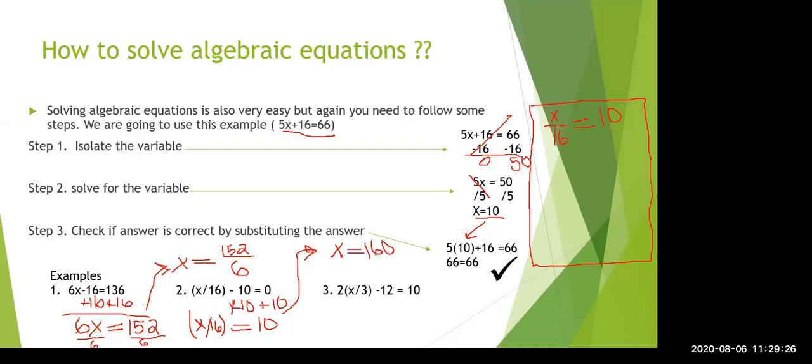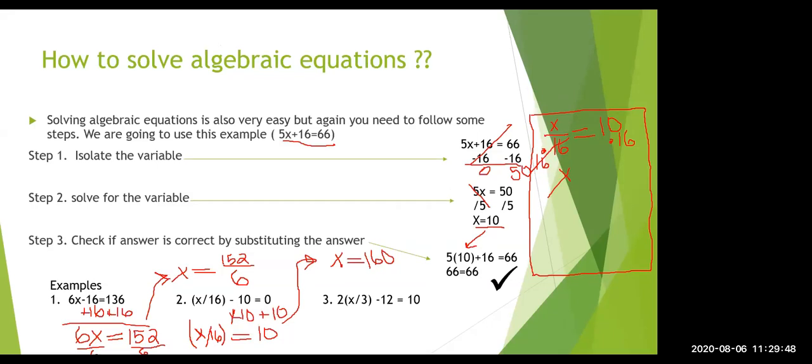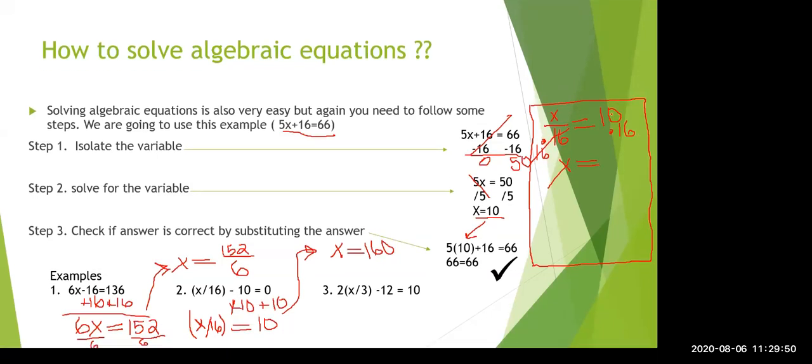So you multiply 16 times 10, and you would also do it on both sides. So x divided by 16 times 16 would cancel both of these out. That would leave x equals 10 times 16, and that is 160.